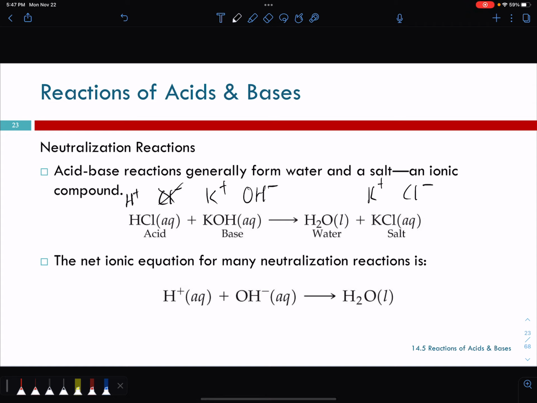Because chlorine and potassium don't actually participate, we can cancel them out, and really the only thing reacting is the H plus with the OH minus to form water. So the salt is in there, but it's not part of the net ionic equation.